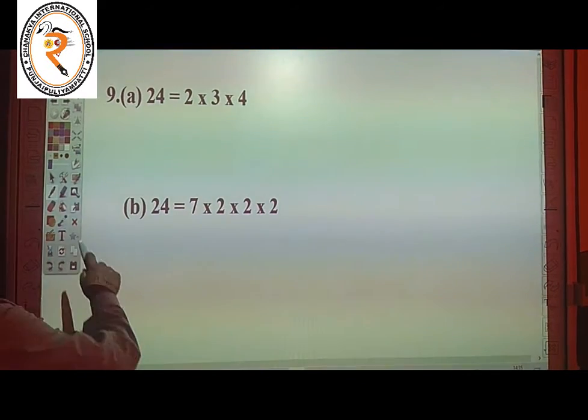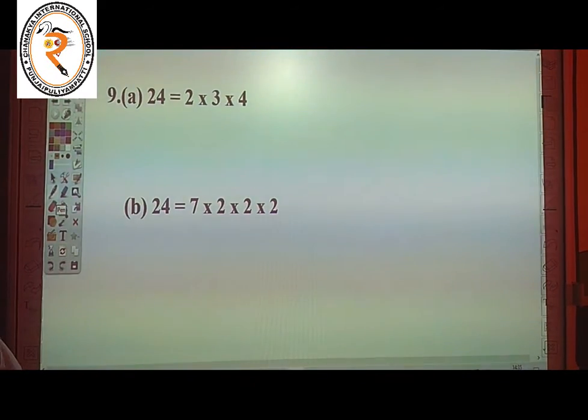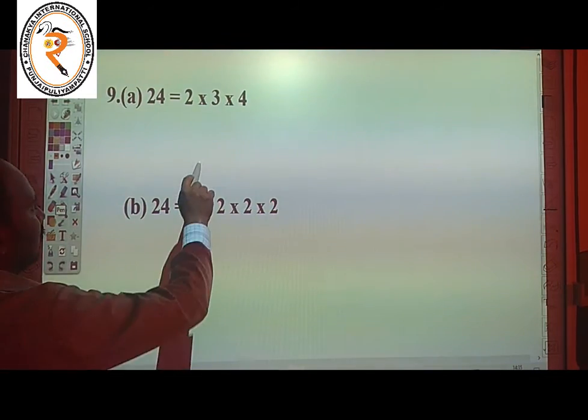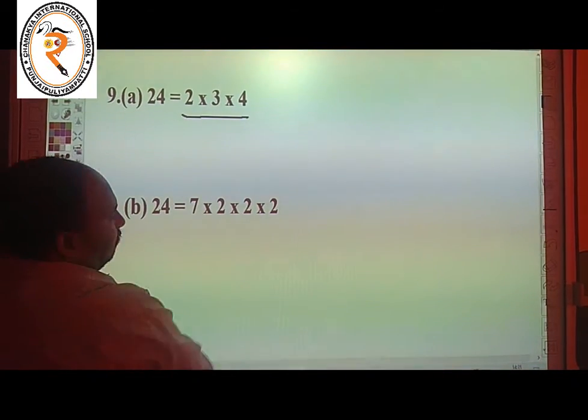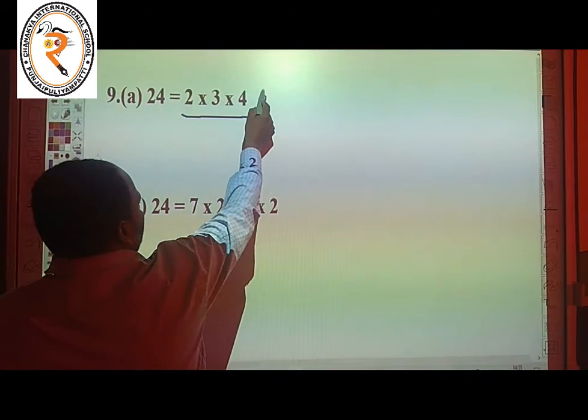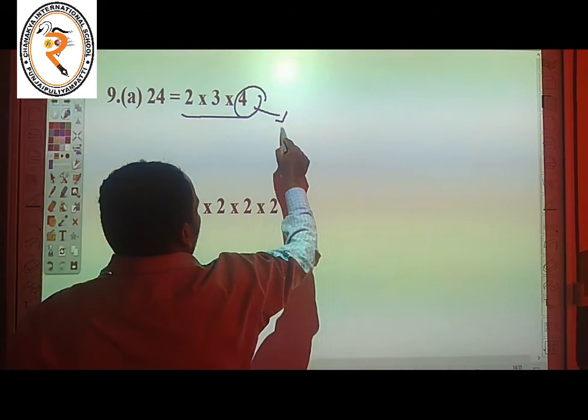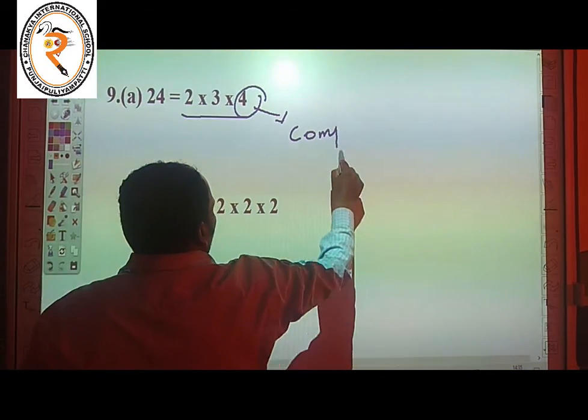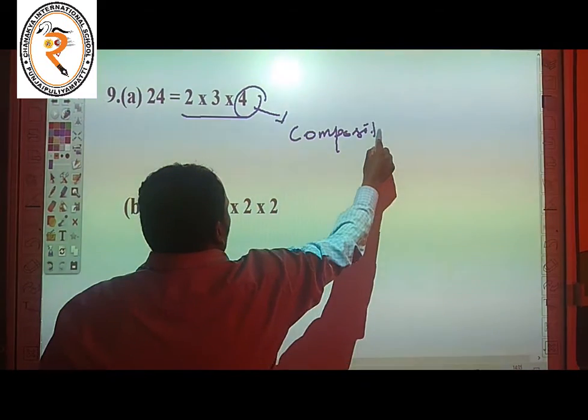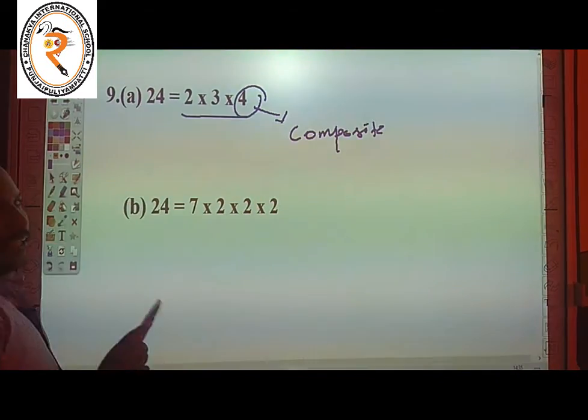Listen here. 2 into 3 into 4 is not a prime factorization because the number 4 is a composite number. You want only prime numbers.